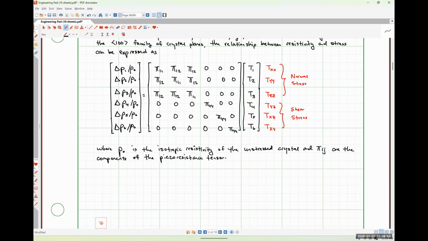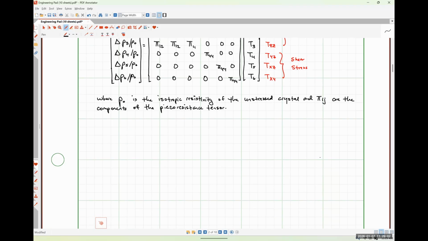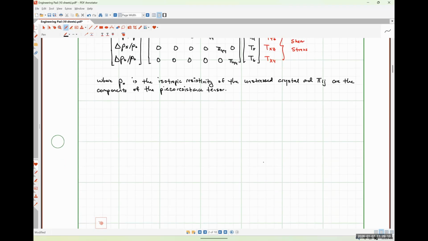So in order to simplify this stuff down, we're going to hit you with yet another table here. These are going to be our piezoresistive coefficients for single crystal silicon at room temperature. Okay. So in this column, I'm going to have our coefficients. All of these are going to be in units of 10 to the negative 11 per Pascal.